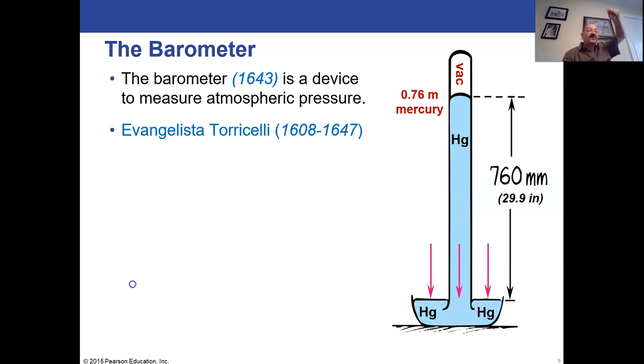So that's a 1/13.5 fraction of that 10.3. If you take 10.3 meters and divide it by the density of mercury, 13.5 grams per mL, you can shrink your column down to less than a meter: 0.76 meters, 760 millimeters, or 76 centimeters, depending on which unit you want to use.